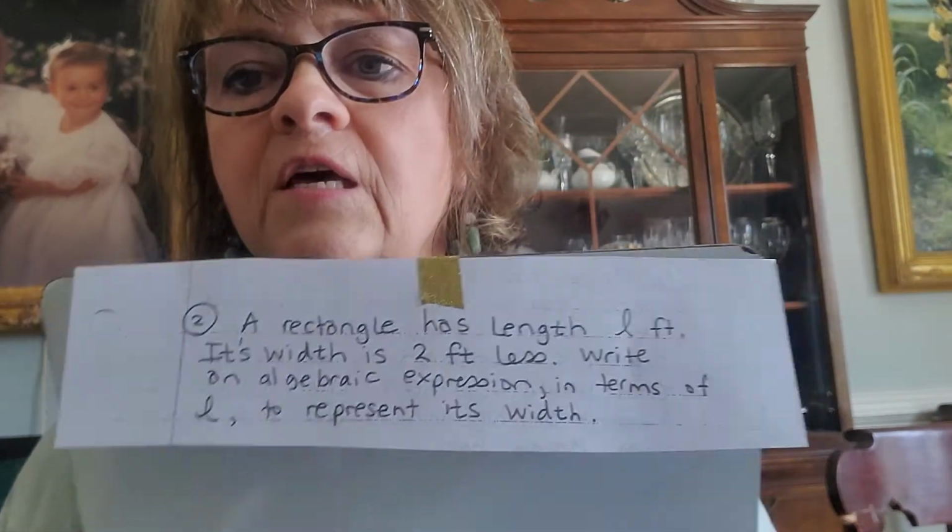All right, so let's do the next one. All right, so this one says a rectangle has length L feet. It said its width is 2 feet less. There's that less. It says write an algebraic expression in terms of L to represent its width.